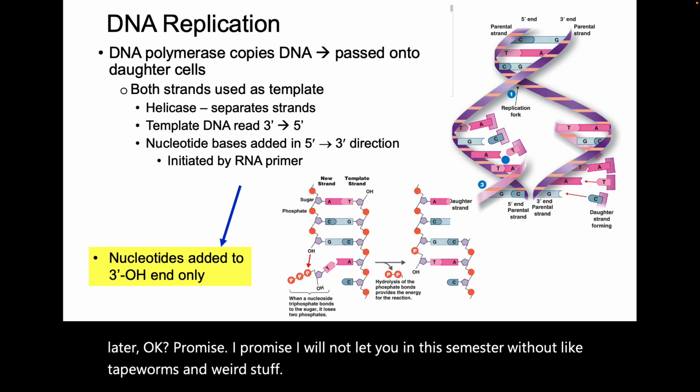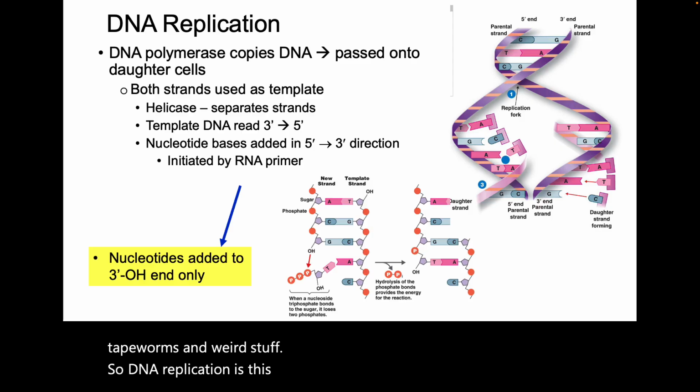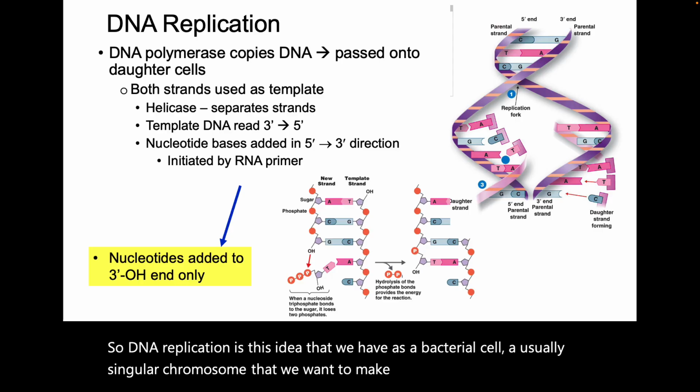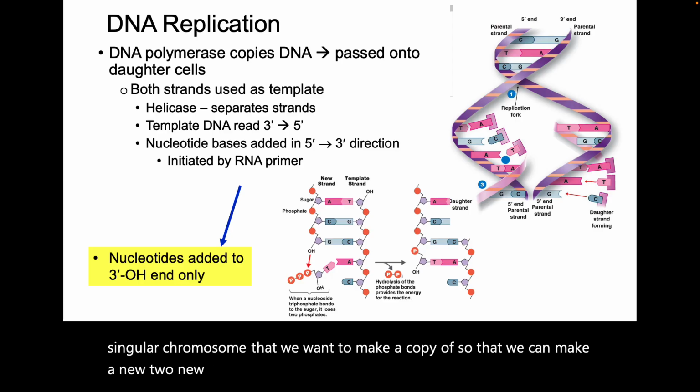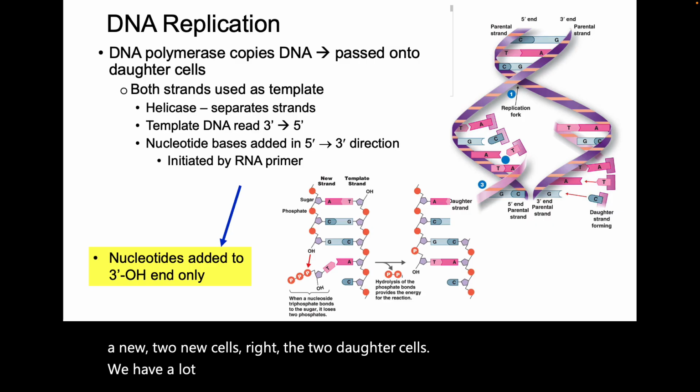So DNA replication is this idea that we have, as a bacterial cell, a usually singular chromosome that we want to make a copy of so that we can make two new cells, the two daughter cells. We have a lot of enzymes that are involved in this process.